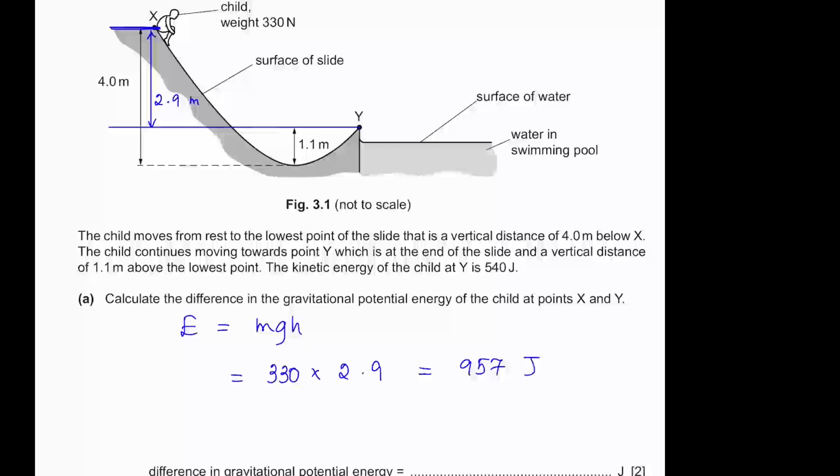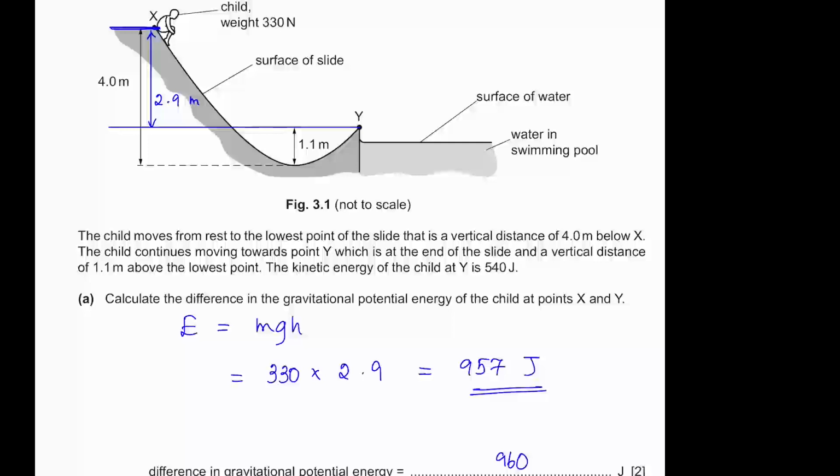To two significant figures, that is 960 joules. That is the gravitational potential energy difference between the points X and Y. Okay.